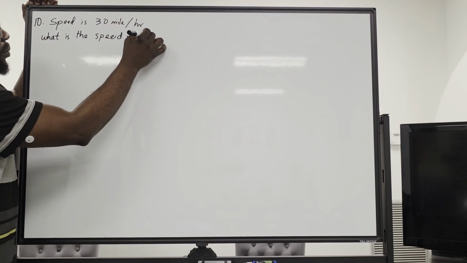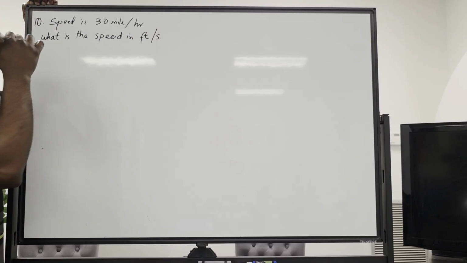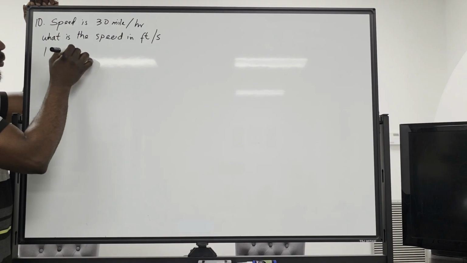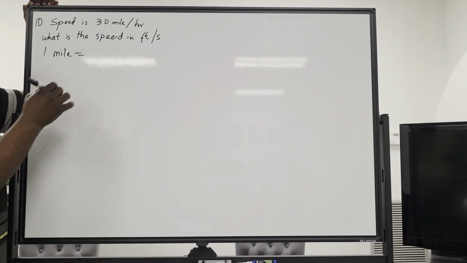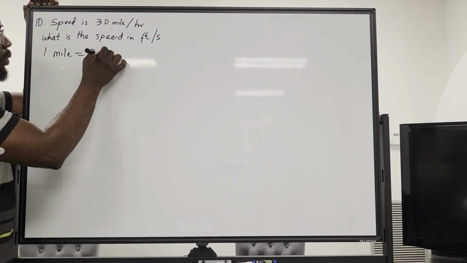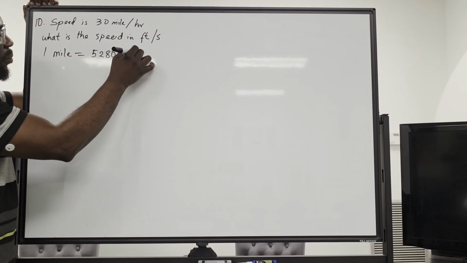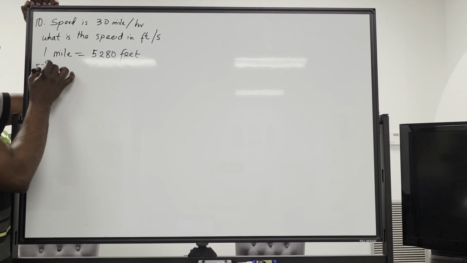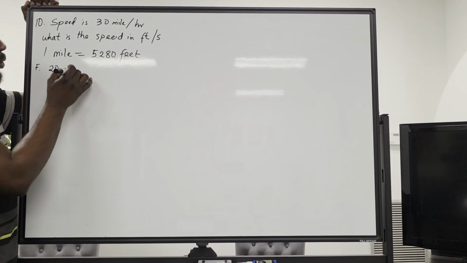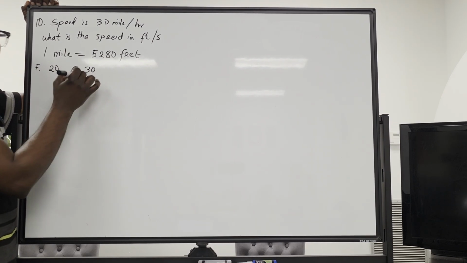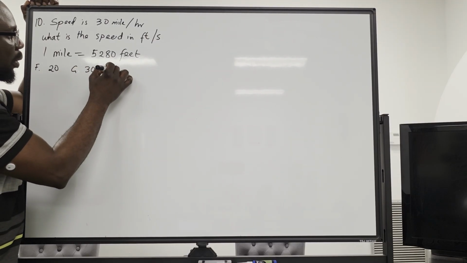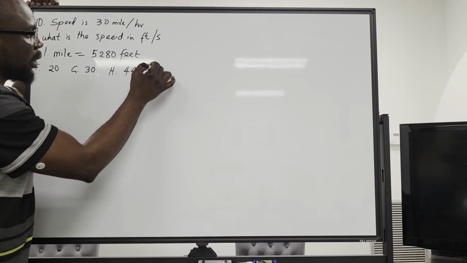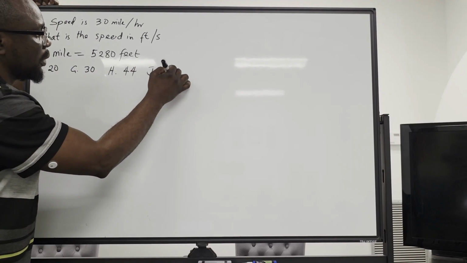Note, 1 mile is equal to 5280 feet. Option F is 20. Option G is 30. H is 44. And J is 176.